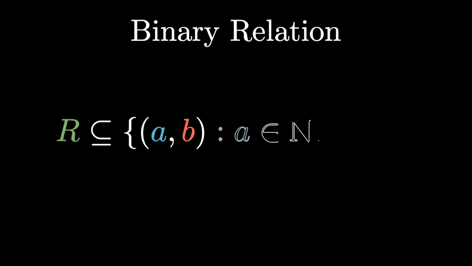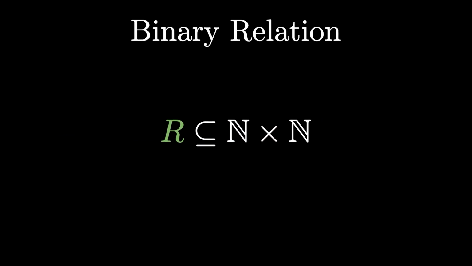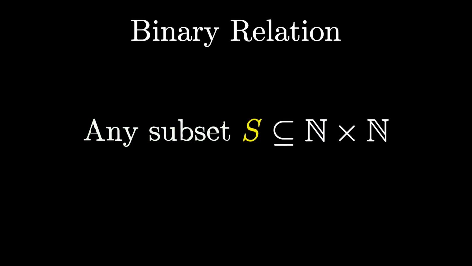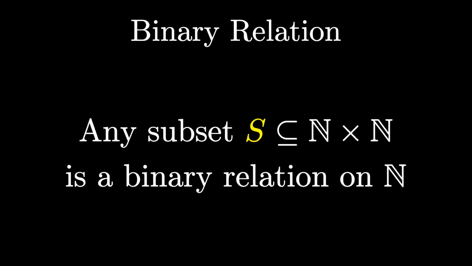Since we're comparing two elements, this kind of relation is called a binary relation. Also note that this relation is a subset of the set of all ordered pairs of the naturals, which we denote N times N, or N squared. Conversely, any subset of N times N defines its own unique binary relation on the naturals.